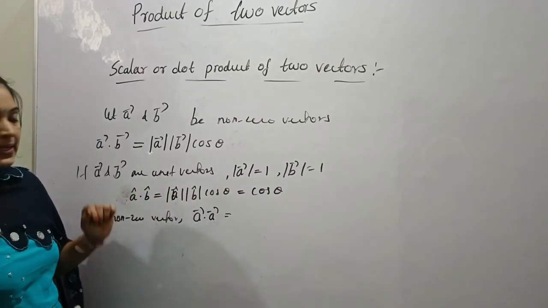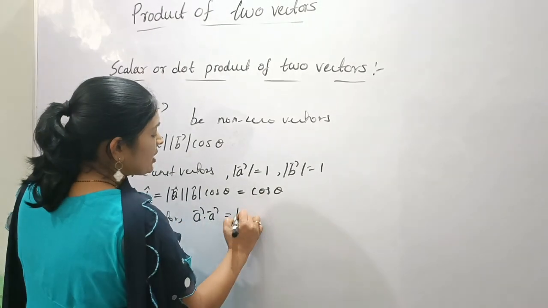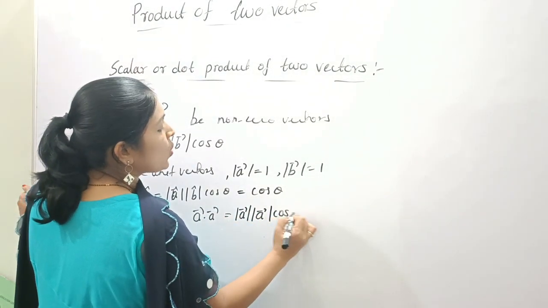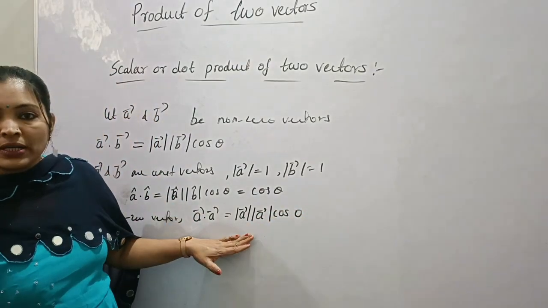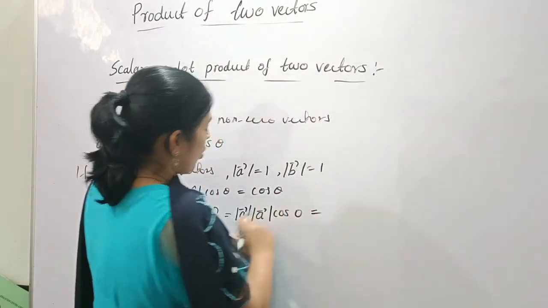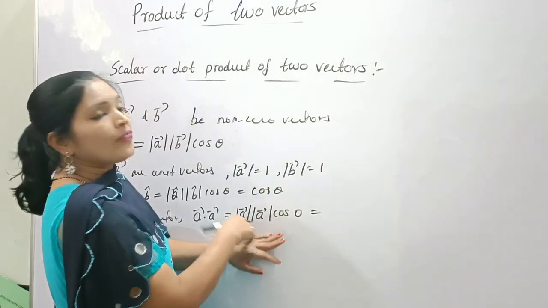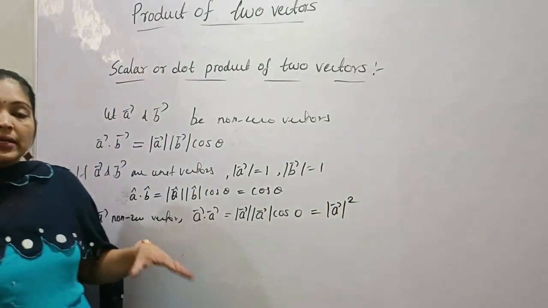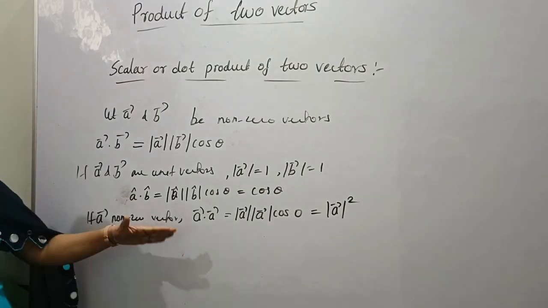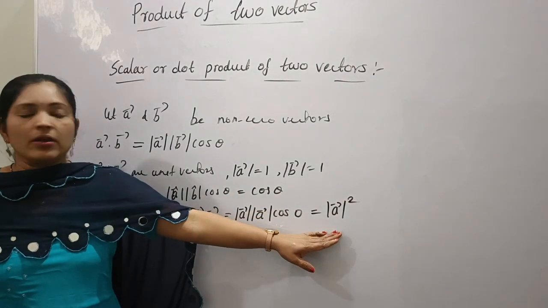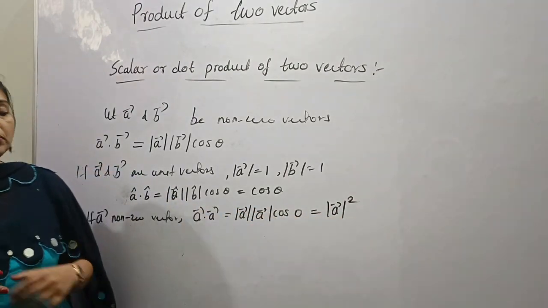So the angle is 0, and vector A dot vector A is modulus of vector A into modulus of vector A into cos 0. What is cos 0? 1, right? Therefore, modulus of vector A into modulus of vector A is modulus of vector A squared. Therefore, vector A dot vector A is equal to modulus of vector A squared.